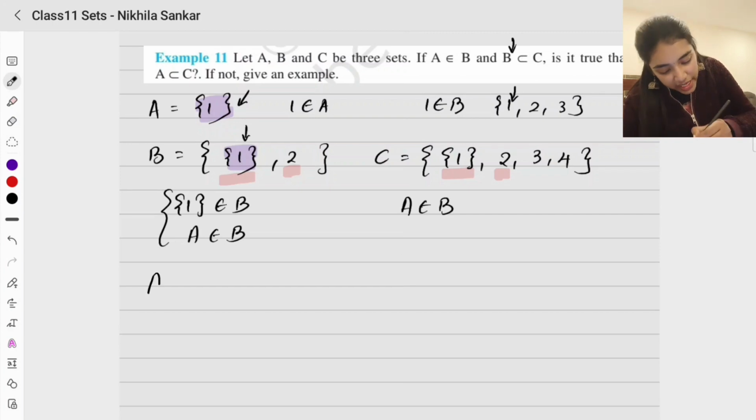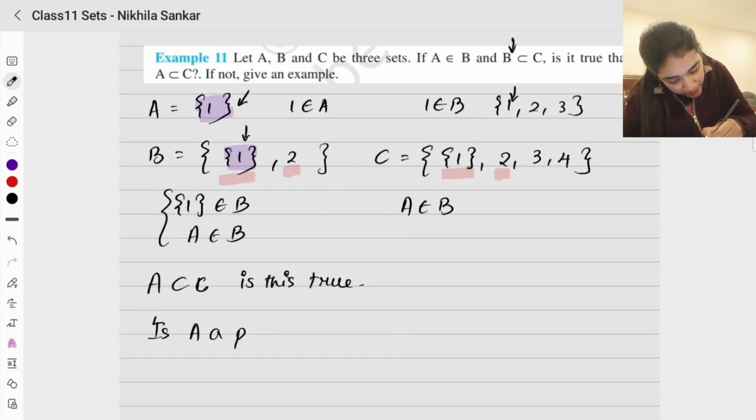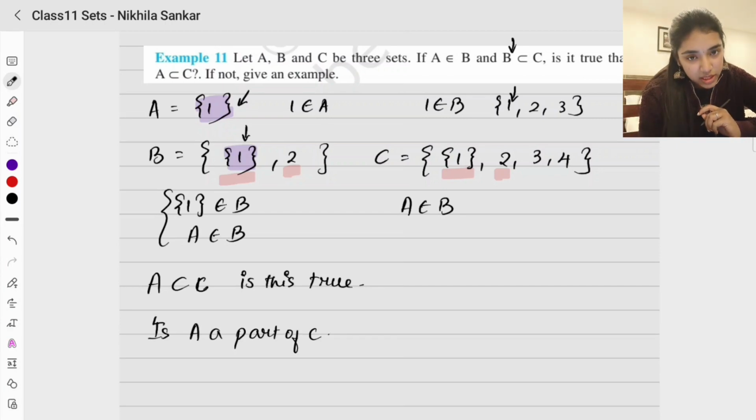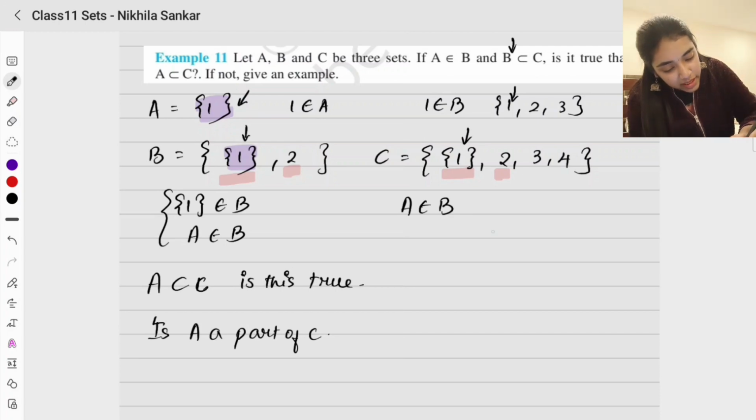Is it true that A is a subset of C? That is what they are asking. Is A a part of C? No, it is not a part of C. Why? What is C's element?